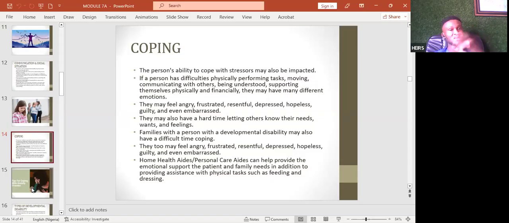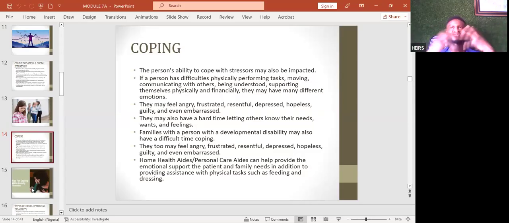Now, they will feel angry, they will feel frustrated, they will feel resentful, they will feel depressed, they will feel hopeless, guilty, and even embarrassed. So these people will lack the ability to be able to cope with the stressors.